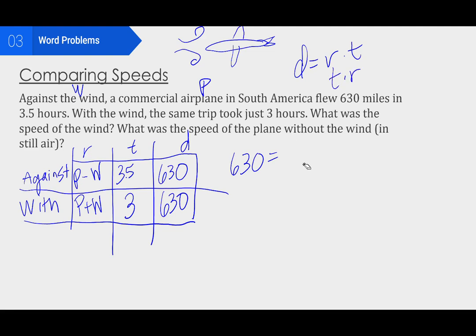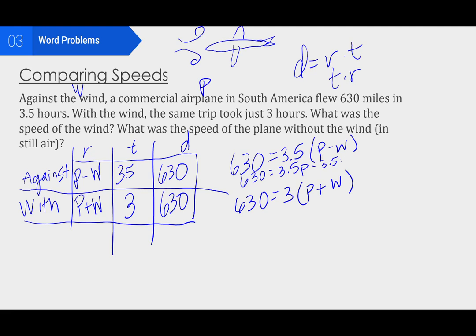So it will be, for against the wind, 3.5 hours times P minus W, and then with the wind, it will be 3 times P plus W. If we distribute that, we can even solve and substitute, but we can use elimination. 3.5P minus 3.5W. This one would be 3P minus 3W.